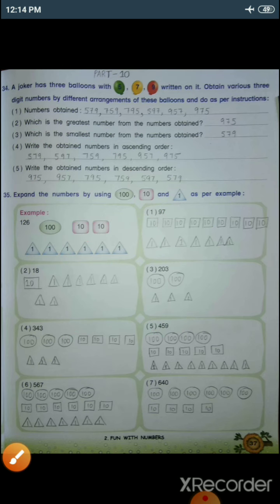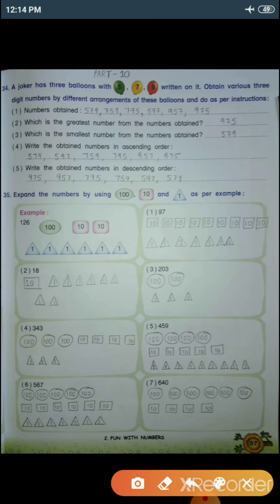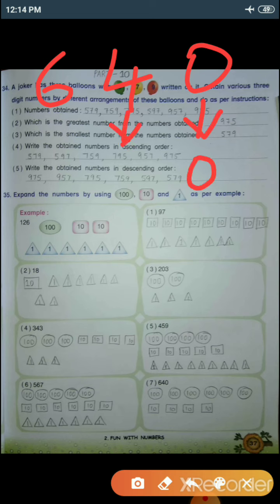Okay, now let's take the next example, number 640. So I will write here 640. 0 is on ones place, 4 is on tens place, and 6 is on hundreds place.